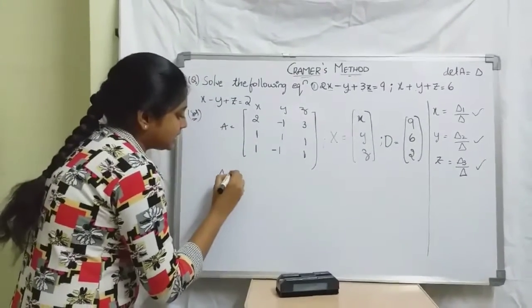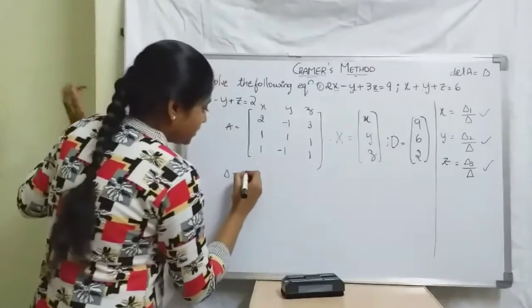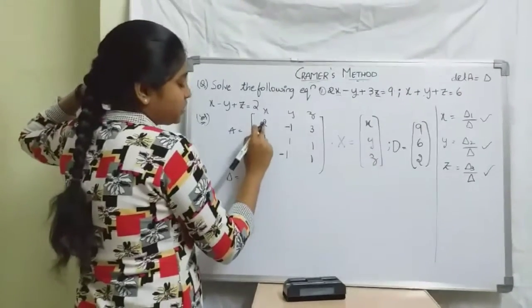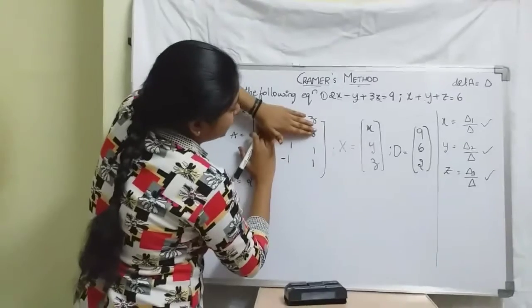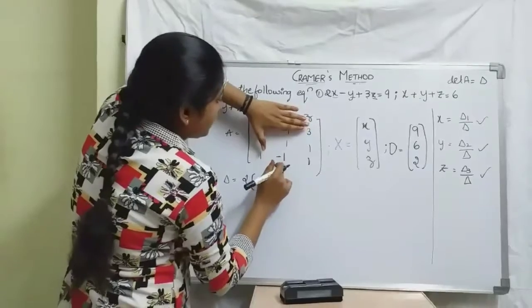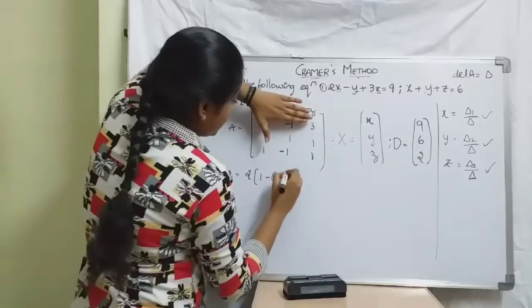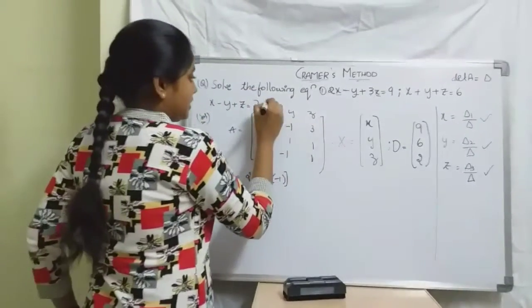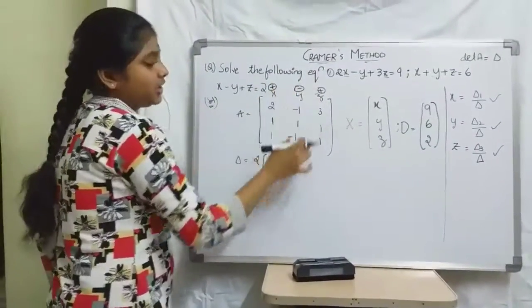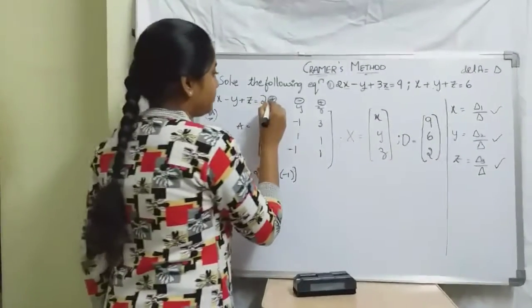So delta is equal to, we know how to find the determinant, that is 2 into, we take the first element of the first row, close the first row and first column, and multiply these numbers, that is 1 into 1, that is 1, minus 1 into 1, that is minus 1. Now the signs are plus, minus, plus. If you have any doubt here, please refer to the previous lecture, you will get clarified.